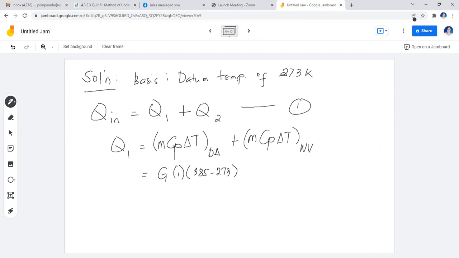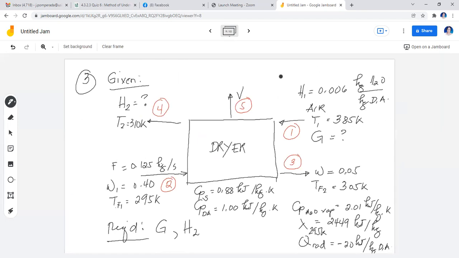Now we go to the water vapor. The mass of the water vapor in our heating medium that enters here, how do you get it? The mass of the water vapor based on the information that you are seeing here. Anybody? How will you get the mass of the water vapor alone?